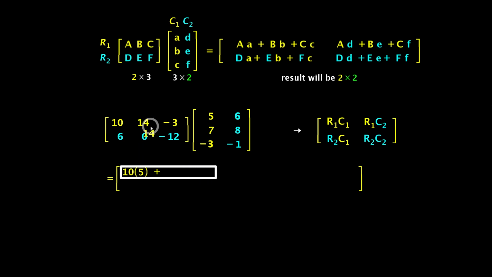Pick the 14 and pick the 7. Pick the negative 3, which is the uppercase C, and the smaller case C, which is negative 3. In both cases, it's a circumstantial issue. This is also negative 3. This is also negative 3.